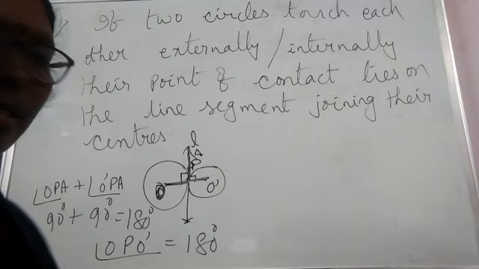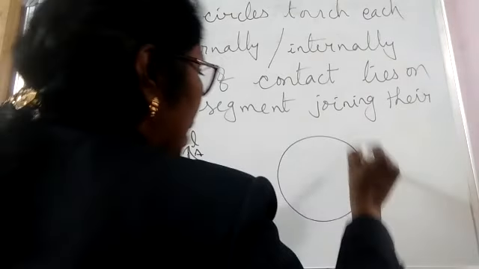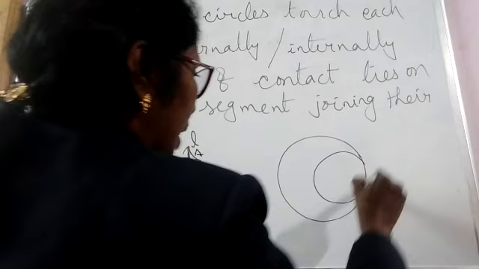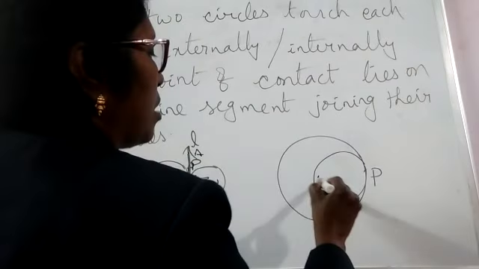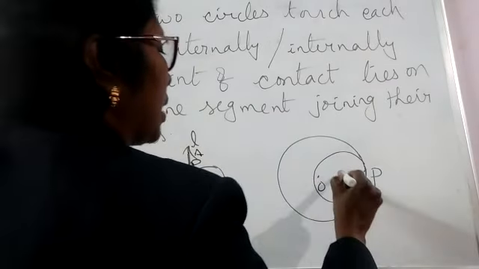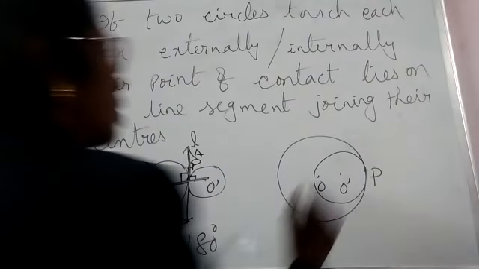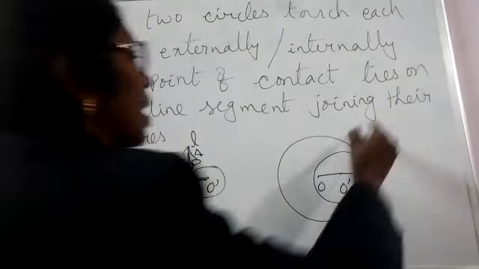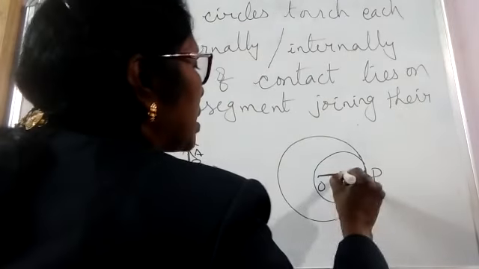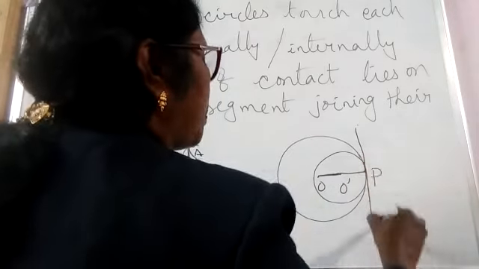Same way, when two circles touch each other internally also, how? Suppose O is the center of the outer circle, O dash is the center of the inner circle. When we join these two and produce them, this is the line joining the center to the point of contact.